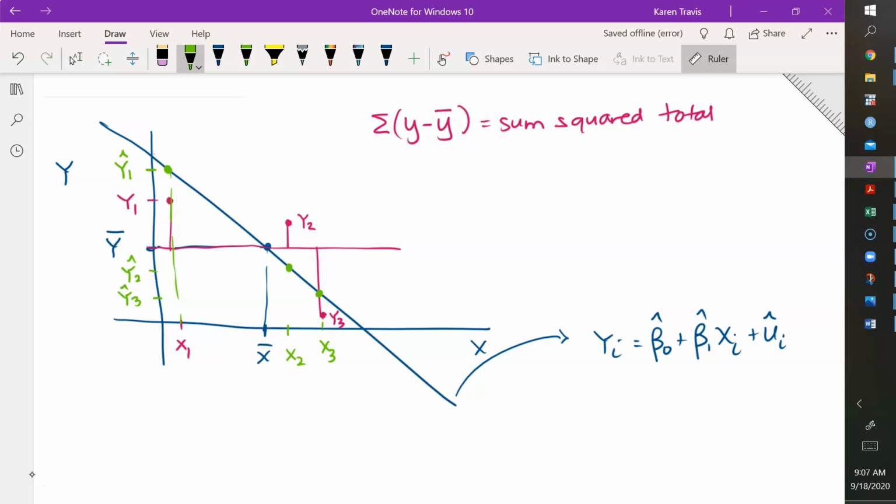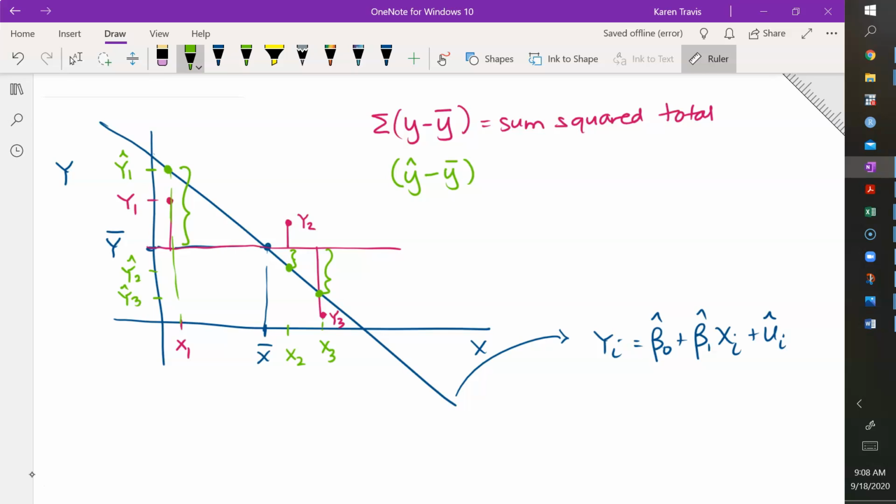Okay, so if I measure the difference between each prediction and the mean, so where is that? The mean, that is this distance. It is also this distance, and in my last case, it's this distance.